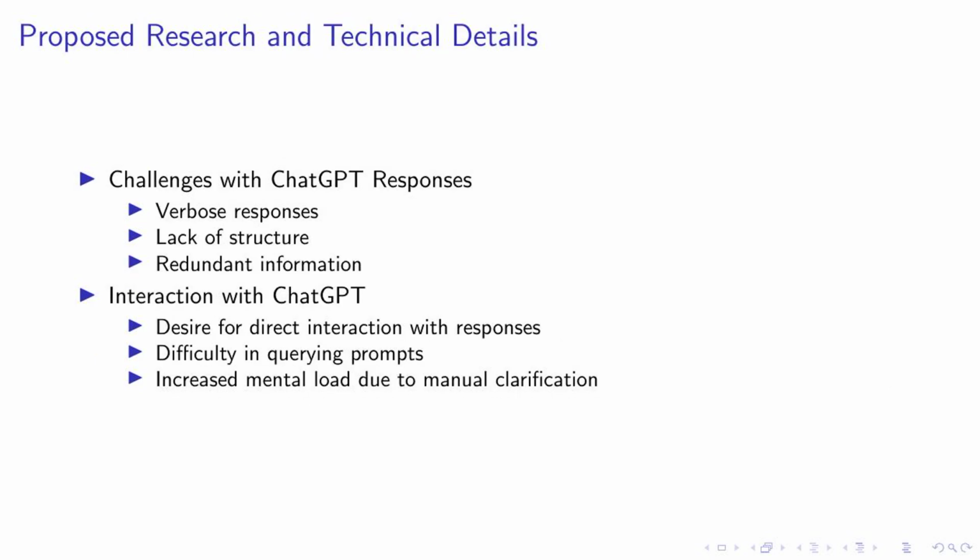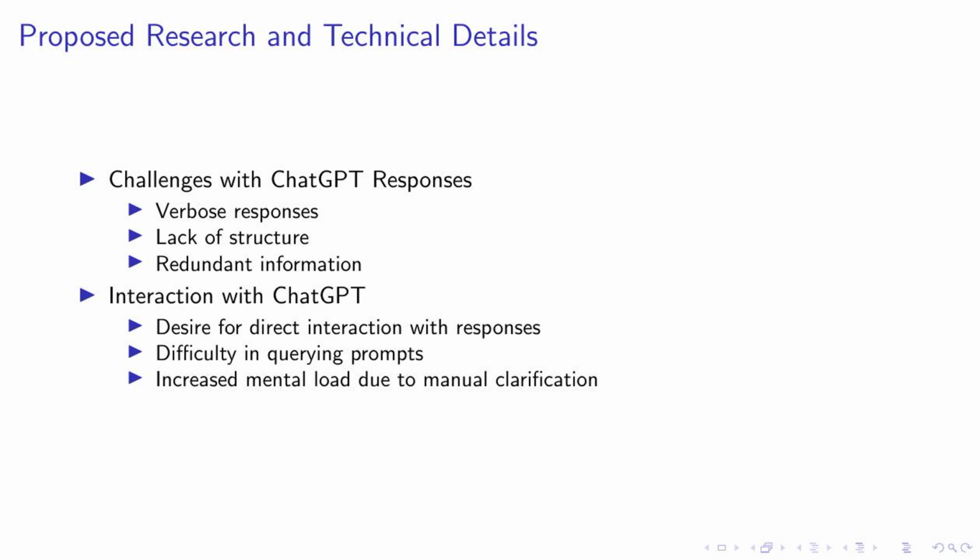Our research identified several challenges with ChatGPT responses. Firstly, users found the responses to be verbose and lacking structure, often containing redundant information. This made it difficult for users to process and comprehend the information provided. Secondly, we observed a desire for more direct interaction with the responses.